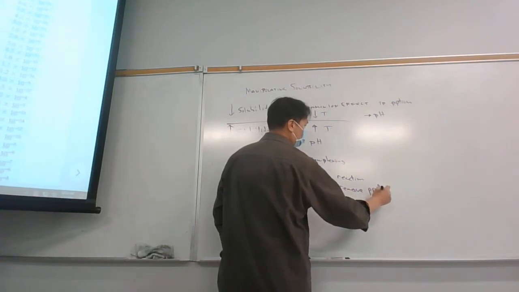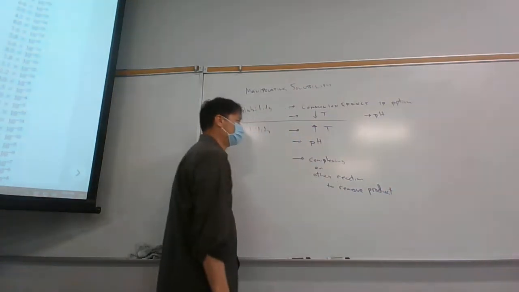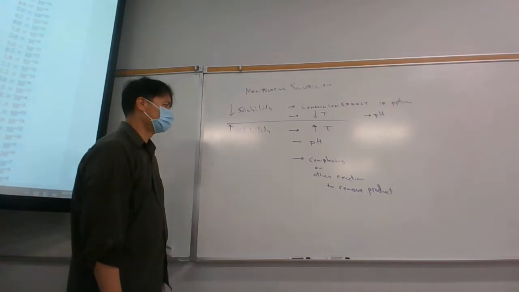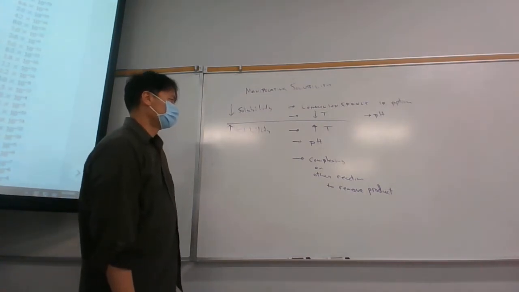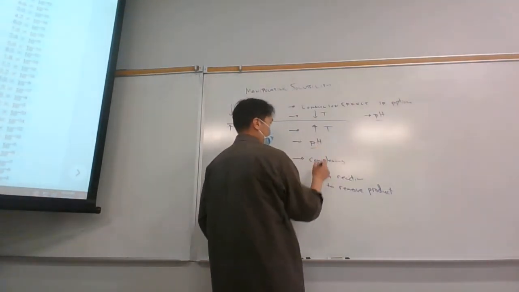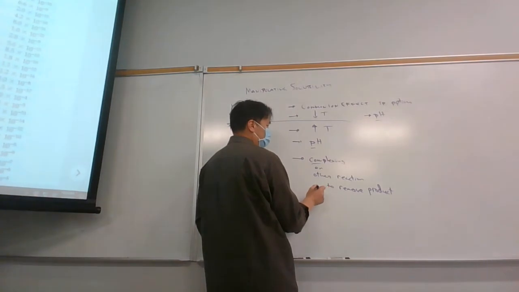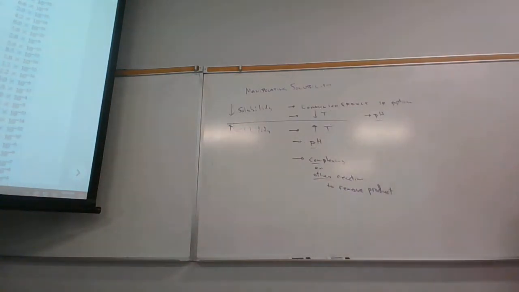If we remove product, then Le Chatelier's will shift the equilibrium to the right. That is, it will dissolve more solid. So these are the two types of solubility changes. We're going to look at pH and complexing, and then other reactions that could change this.